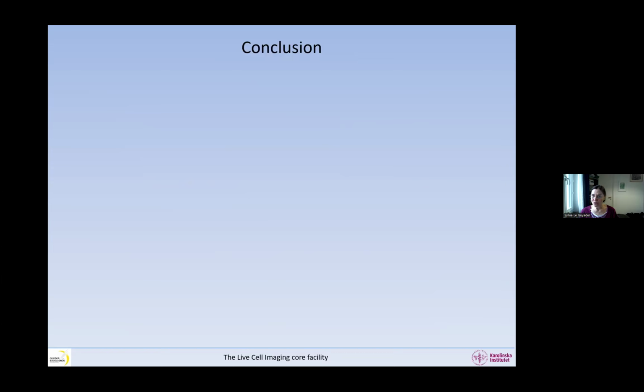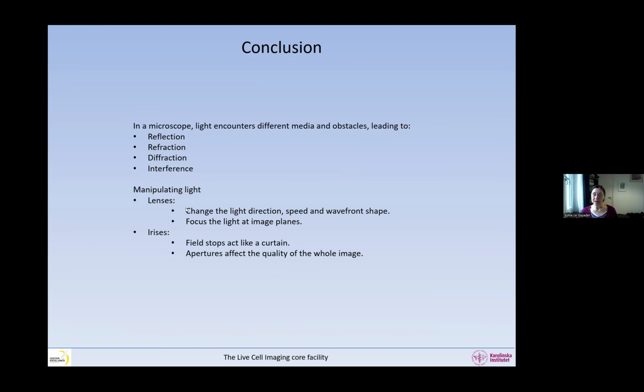So here are the conclusions for this little part of the lecture. In a microscope, light encounters different media and obstacles, and this leads to different behavior of light: reflection, refraction, diffraction, and interference. We can manipulate light using lenses, so we change the direction, the speed, and the shape of the wavefront.